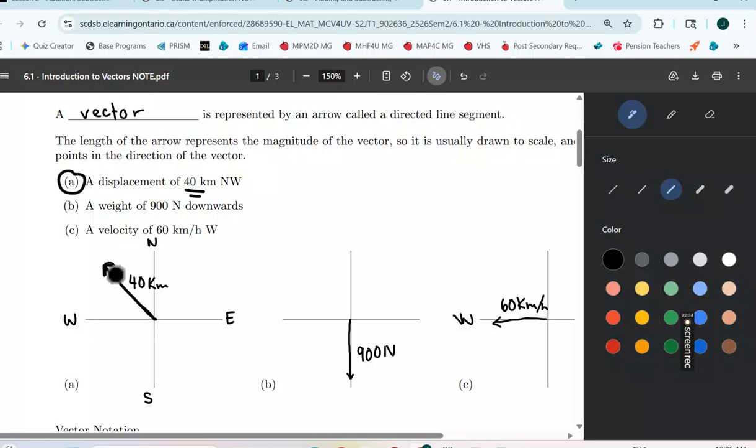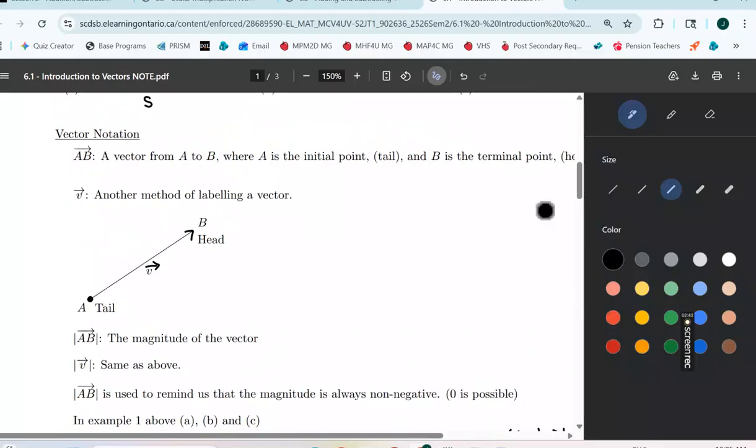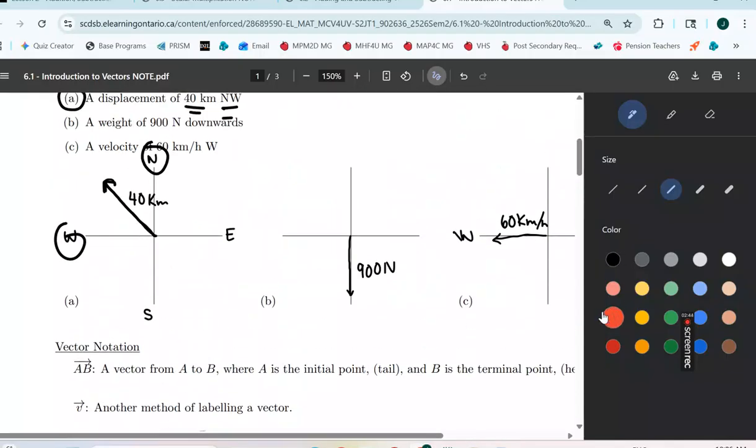So this vector represents 40 kilometers going northwest. B, we've got a weight of 900 newtons downwards. That's an example of a vector. A velocity of 60 kilometers per hour going west. Those are all examples of vectors.